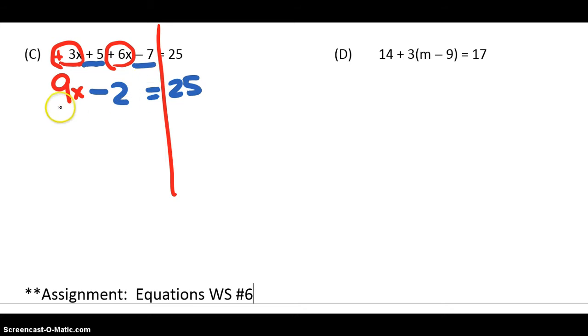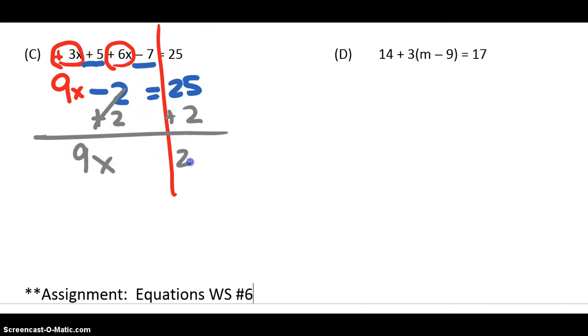So then at this point I have a 9x, 9 times what number minus 2 is 25. So I undo the minus 2 by adding 2. I bring down my 9x. I bring down my 27.